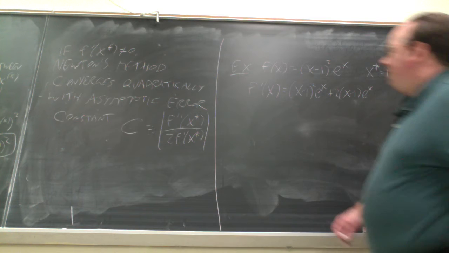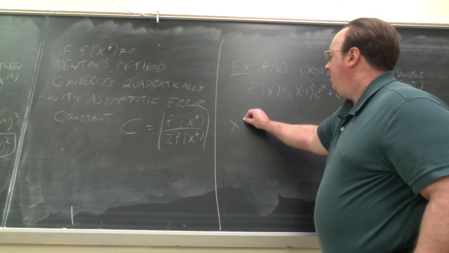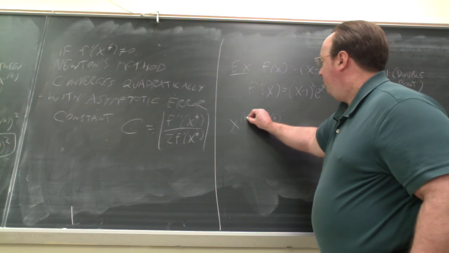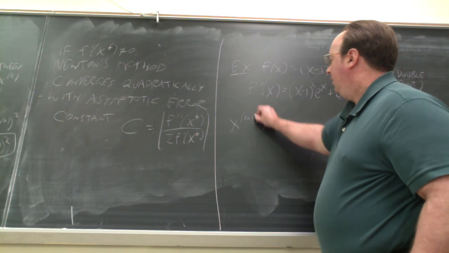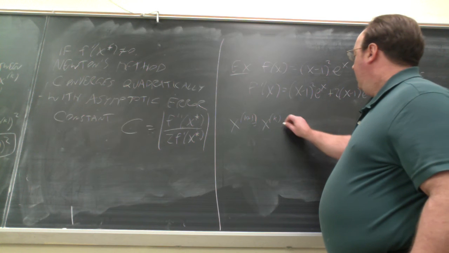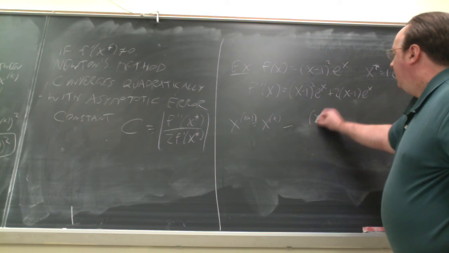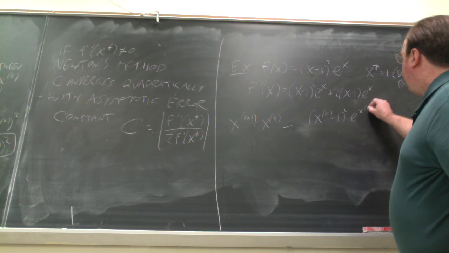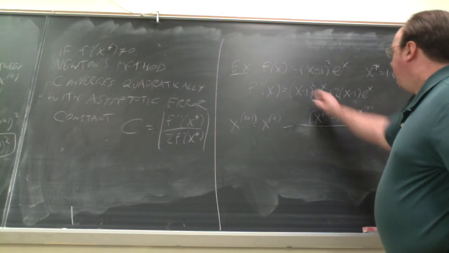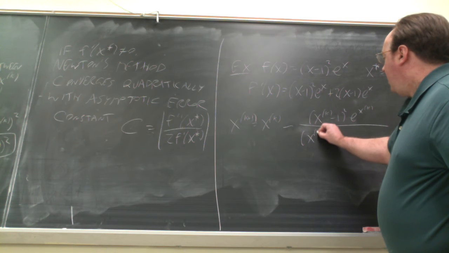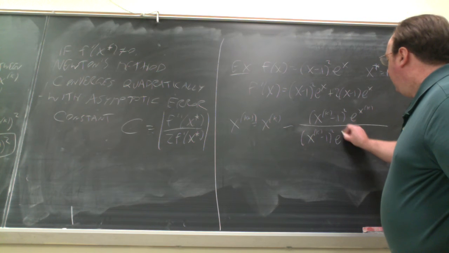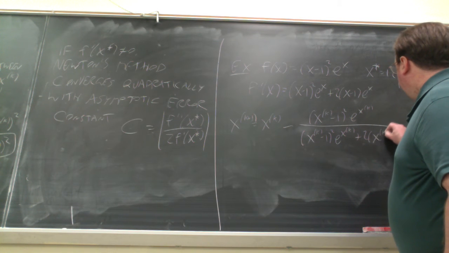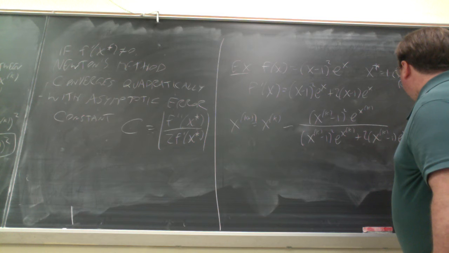So now, if I look at my Newton iteration for this particular example, I have xk minus 1 squared e to the xk all over this other stuff, xk minus 1 squared e to the xk plus 2 xk minus 1 e to the xk.